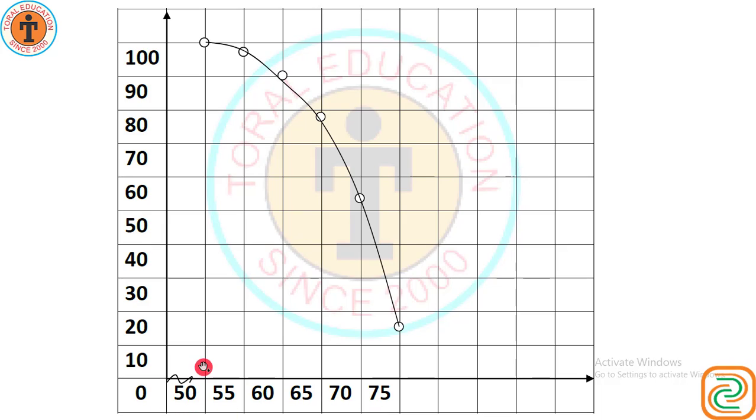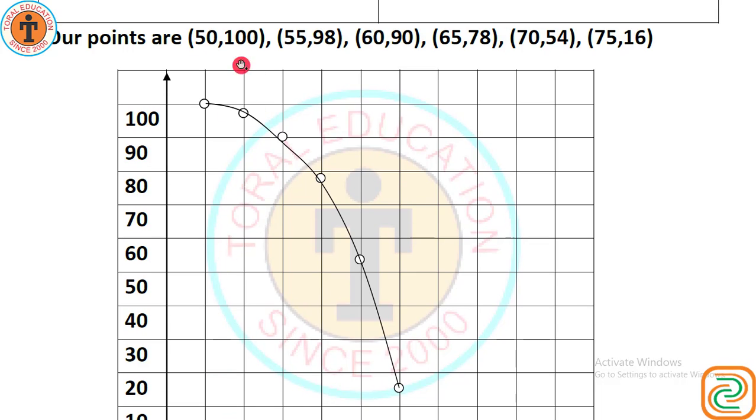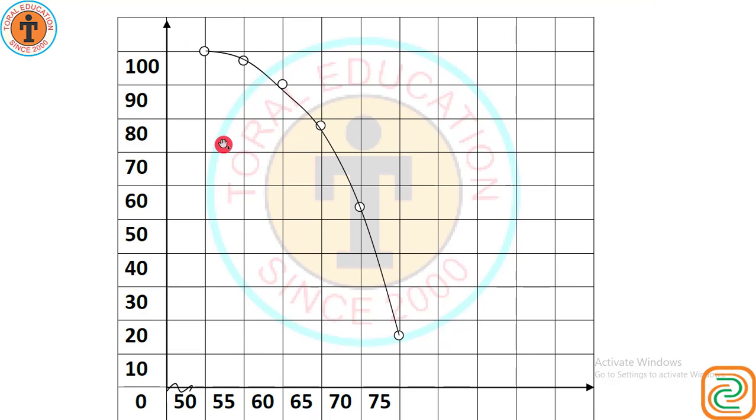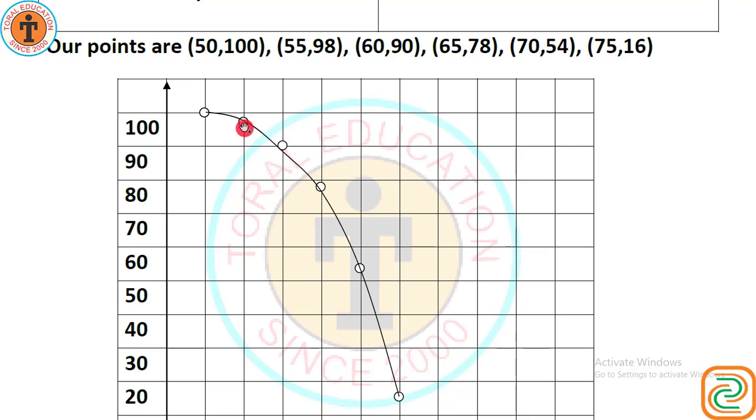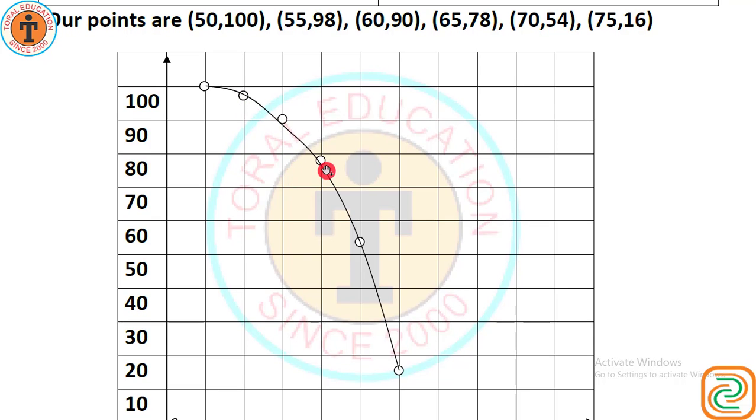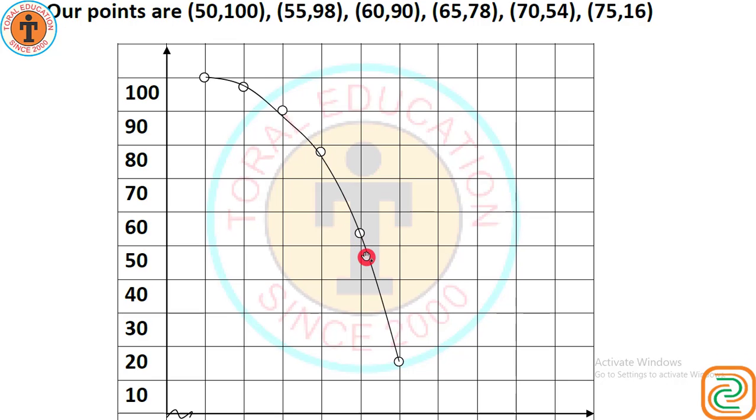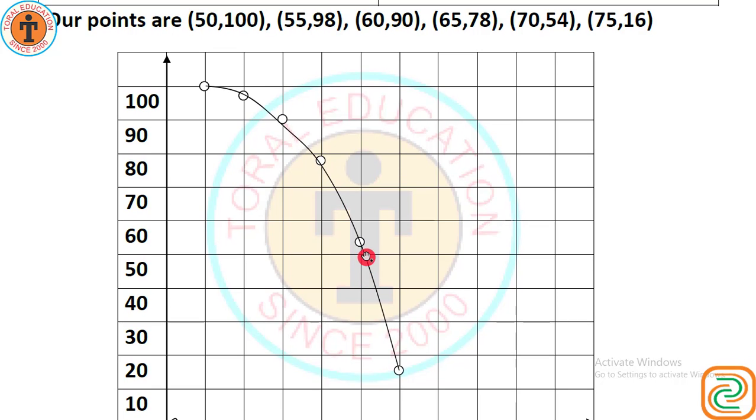So first, our point is 50 and 100. Then 55 and 98, then 90, then 78, then 60 and 54. Then the last one is 16. So we have drawn the graph of more than type.